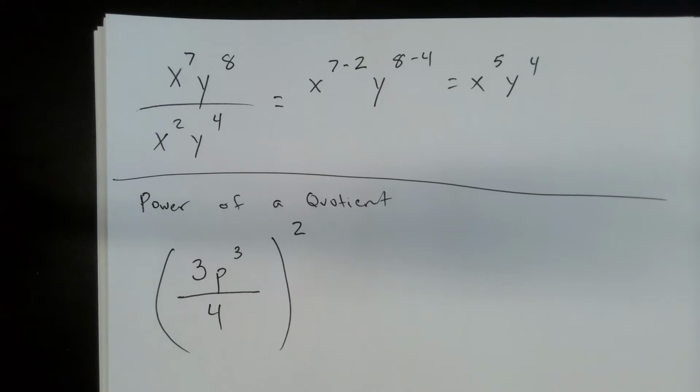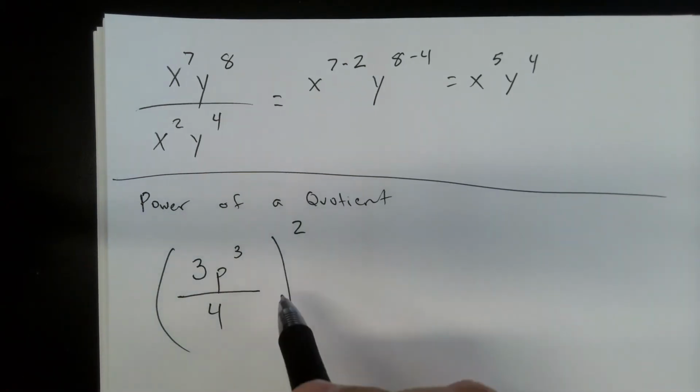This is like a power of a power, what we did yesterday, but this is called power of a quotient. The reason it's called quotient is because we're dividing. The most important thing is you have to identify what this whole thing is raised to. It's raised to a 2, right?